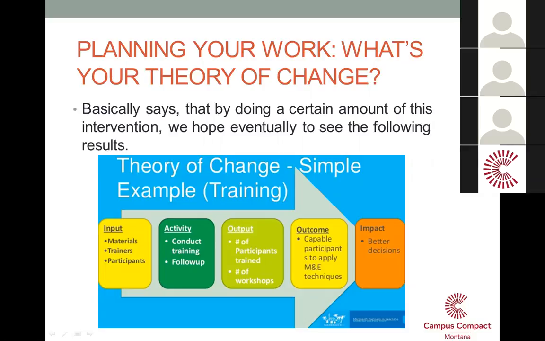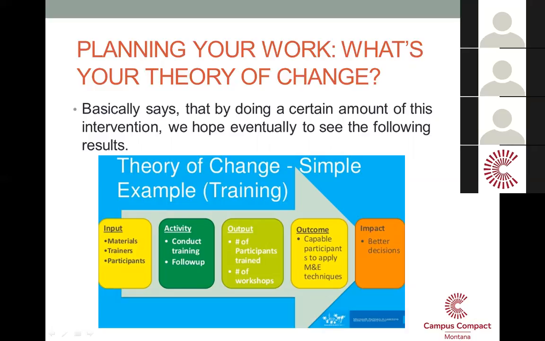Examples of inputs are the materials, trainers, and participants in this case. The activities are, we're going to do a training event and then a follow-up. Some of the outputs, how we'll measure our immediate success, is we're going to count the number of participants that got trained and the number of workshops. So we set goals for ourselves.